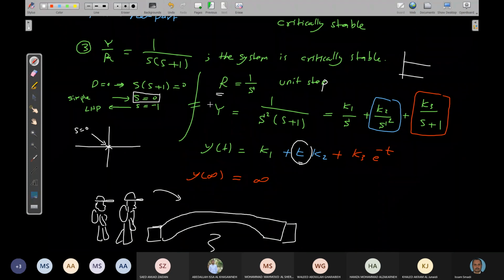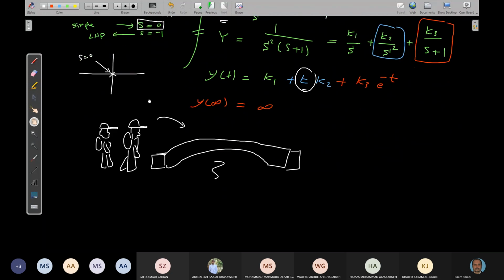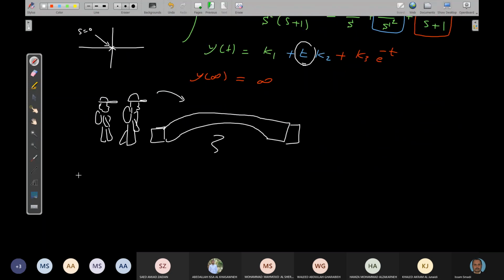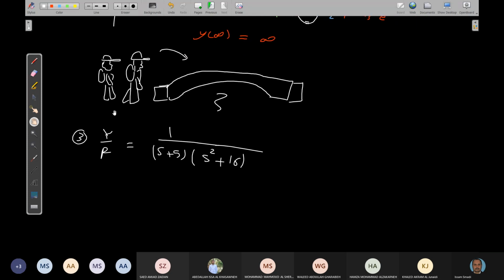So the same thing if I'm having complex roots, a simple root at the j omega axis, and for that I will recall 3. And I will assume that I'm having y over r equal to, let's say, 1 over (s plus 5) multiplied by (s squared plus 16). Now, is this system stable, critical stable, or unstable, and why?